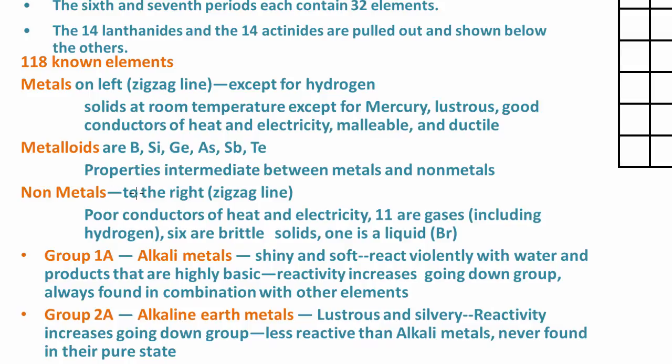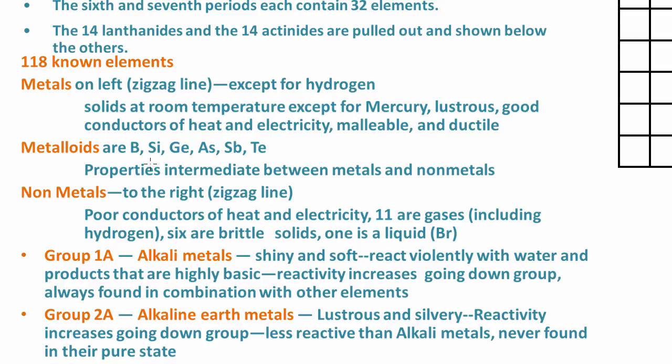The nonmetals are poor conductors of heat and electricity. 11 of them are gases, including hydrogen. 6 of them are brittle solids, and only one nonmetal is a liquid, and that is bromine. As far as metalloids go, their properties are intermediate between metals and nonmetals.